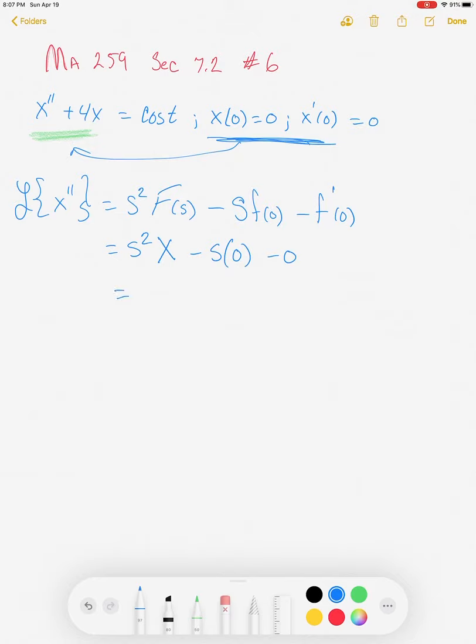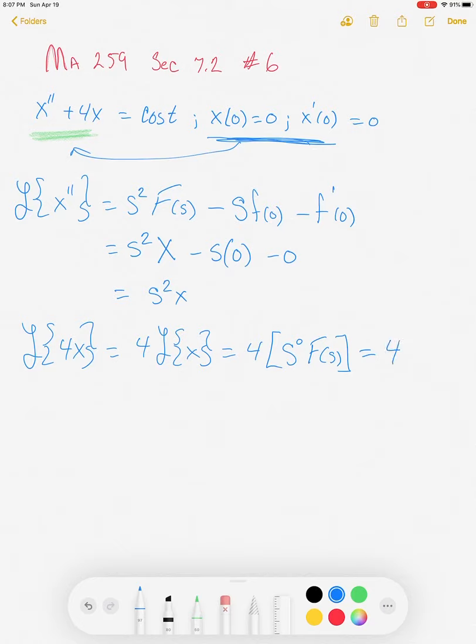So all of this part would be s squared times X. Then the Laplace transform of 4x is going to be 4 times the Laplace transform of x, so this is s to the 0 times capital F of s, which is equal to 4 times X.